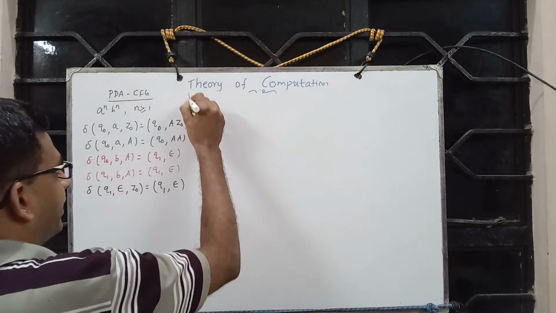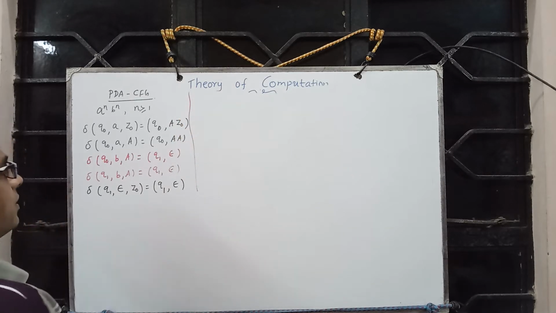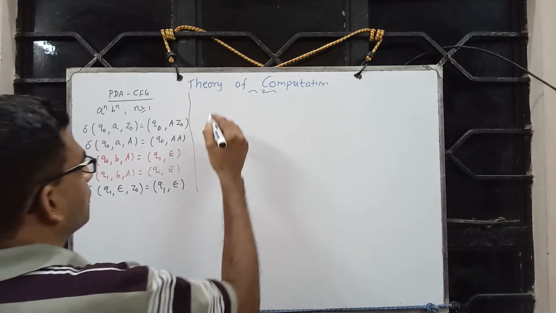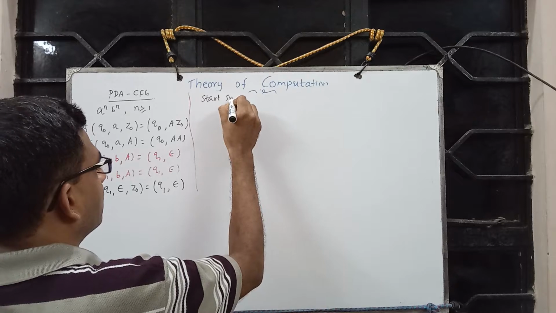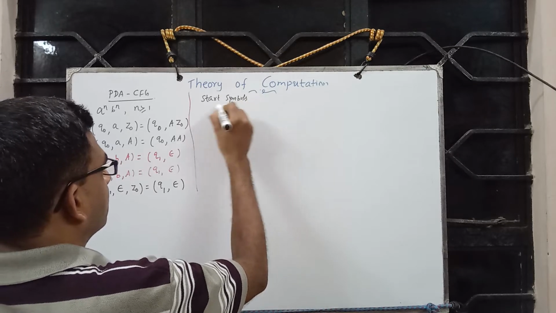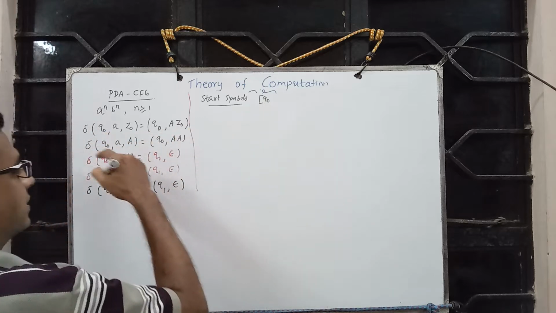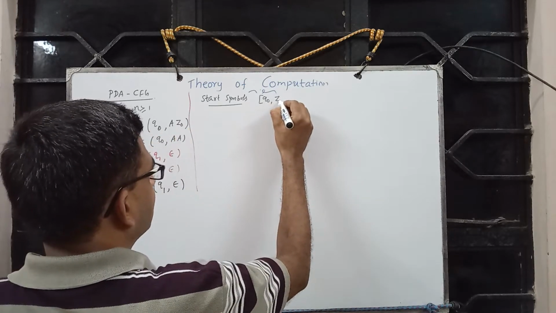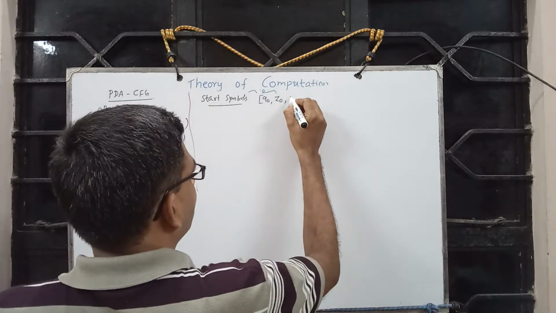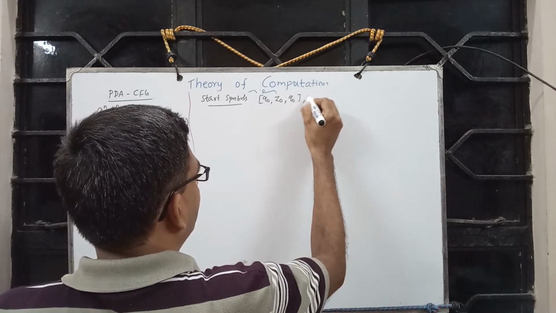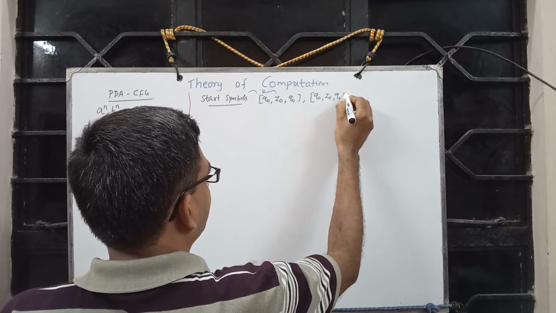Supposing we are going to employ our conversion procedure for this PDA, what would be the start symbol? The start symbol will be S, with productions to q0 Z0 q0 or q0 Z0 q1, because q0 is our start state and Z0 is the start symbol of the stack.